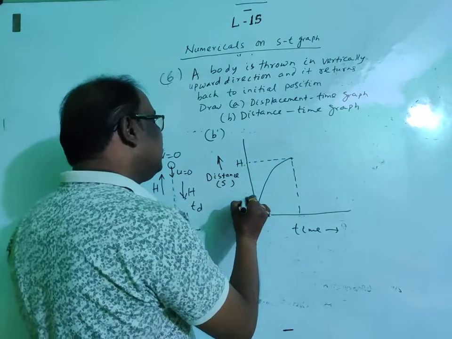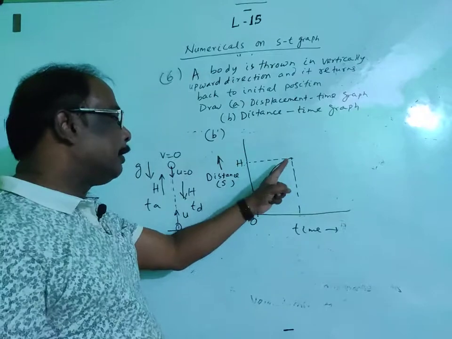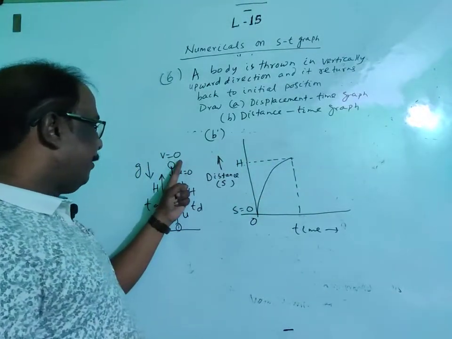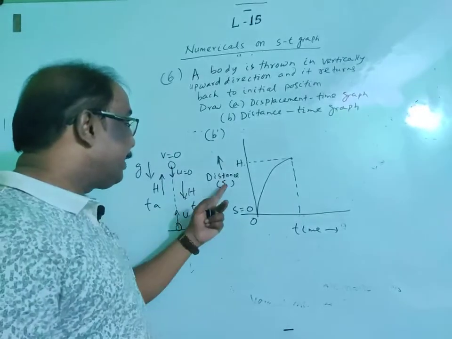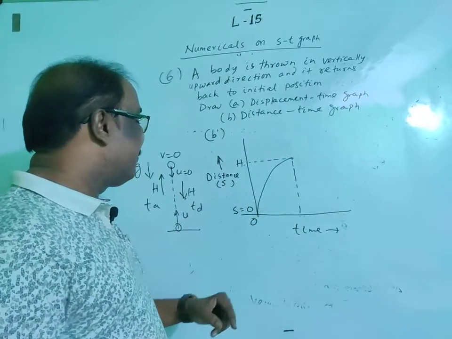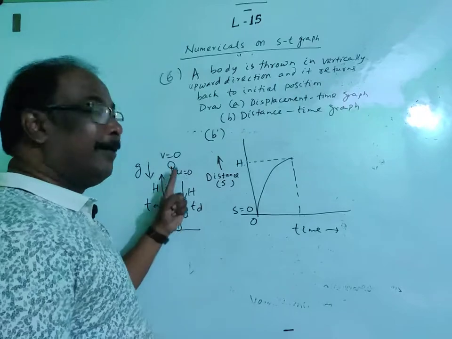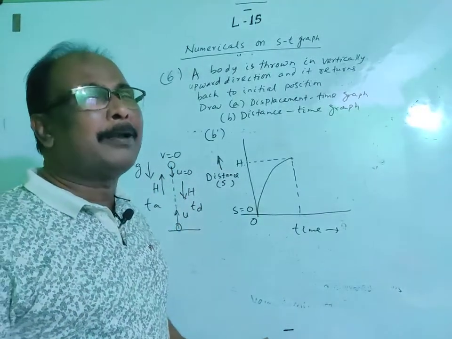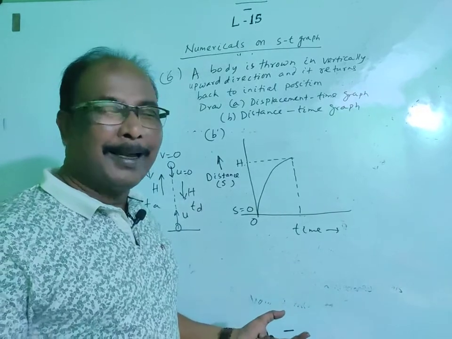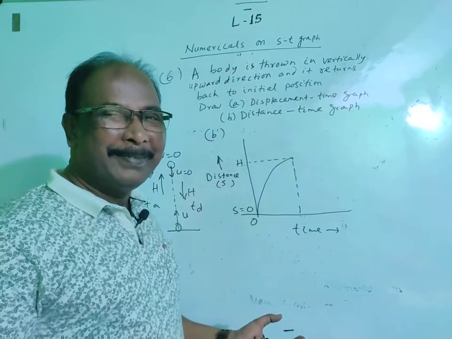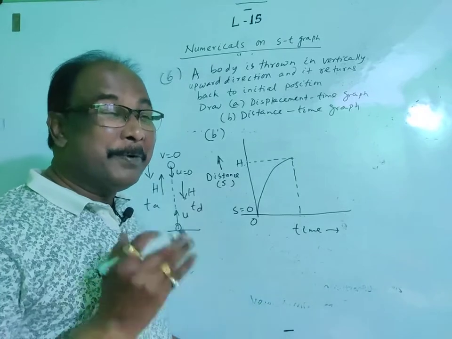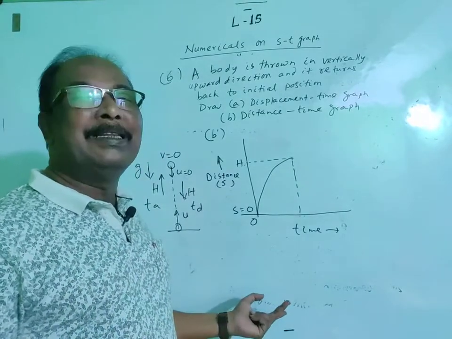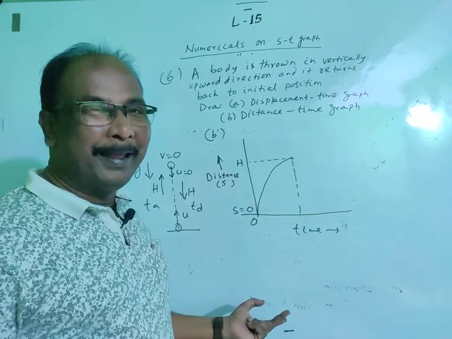So here position is 0, here position is h, and this is the highest position, where final velocity is 0, but we are representing it in a distance time graph. Again the body returns back. Again distance covered is h, but direction is negative, but distance is scalar. Distance can never be negative. Distance is scalar. For a moving body, distance always increases. Distance can never decrease.